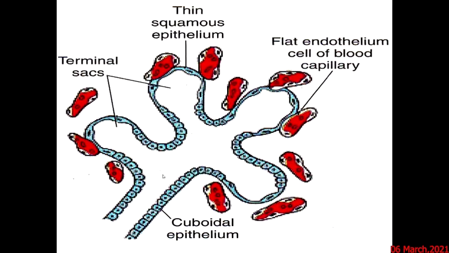Look here at the simple squamous, thin cells and the capillary endothelium. Here gaseous exchange occurs. So this area is the blood-air barrier between capillary and alveoli, and we also call it the respiratory membrane.